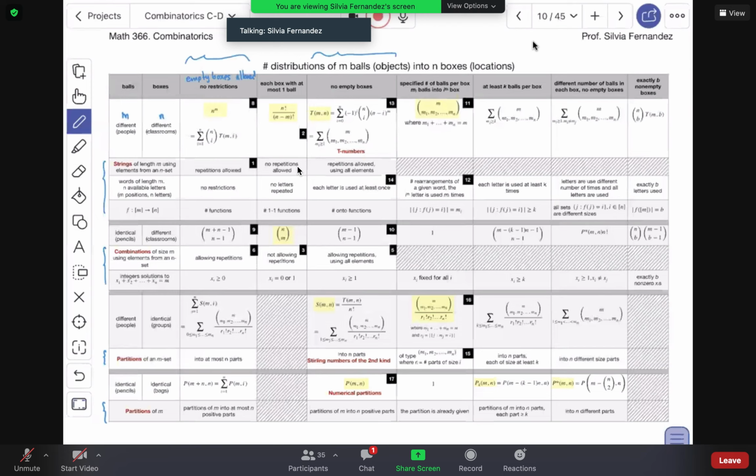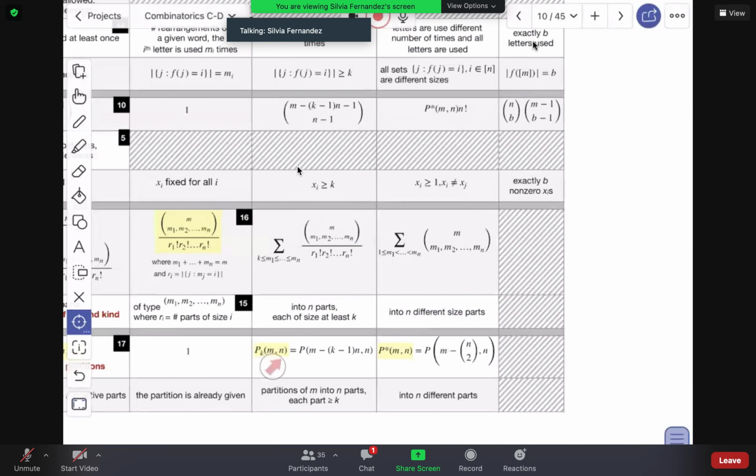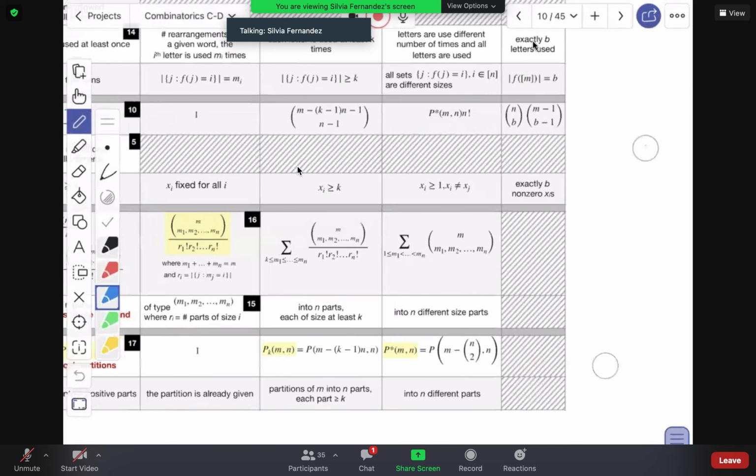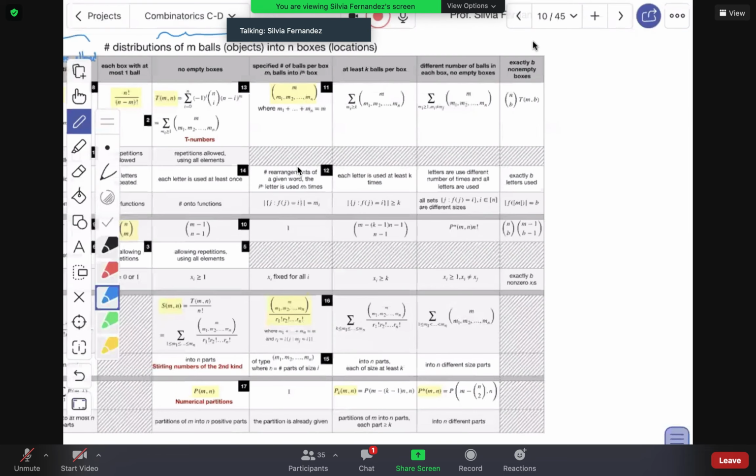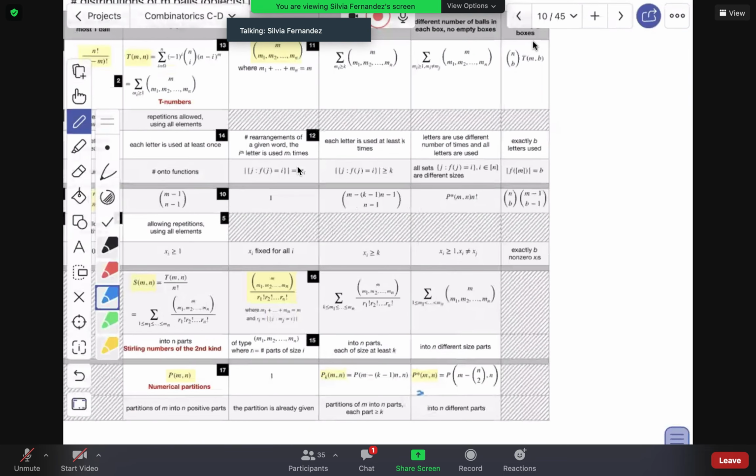In the book, you have these other 2 functions. These are also numerical partitions, but numerical partitions where all the parts are different. And again, we don't have formulas for that.